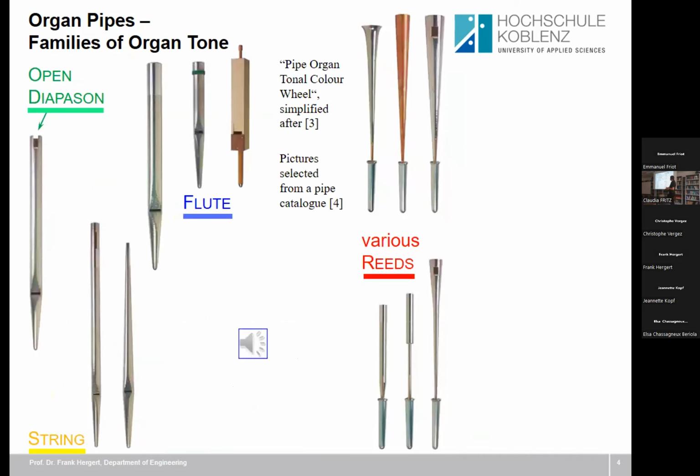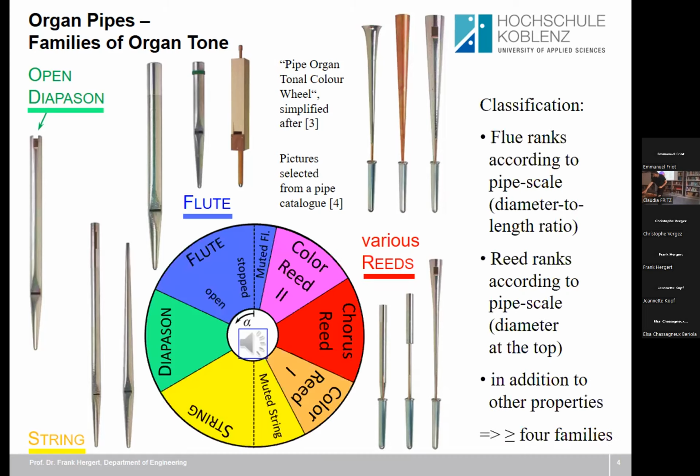The next slide here shows some examples of pipes. So here you see my wooden flute at the top. There are metal flutes as well. There are pipes which are a bit slimmer, called principals or diapasons, montre in French. And there are very narrow pipes at the bottom, string pipes, and at the right side we have reeds, trumpets, or other instruments.